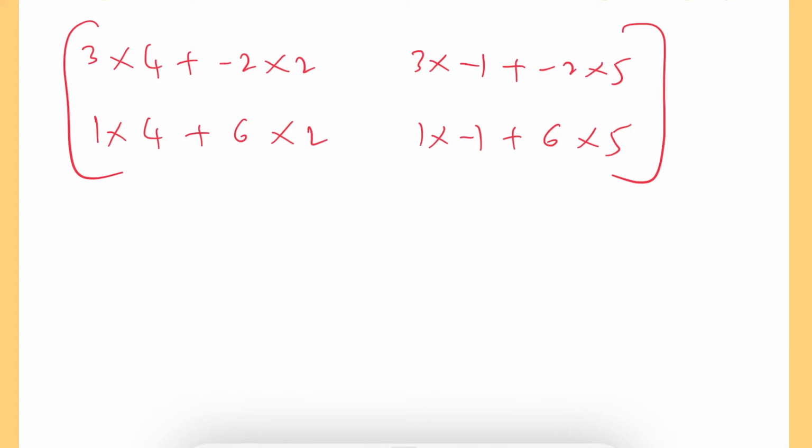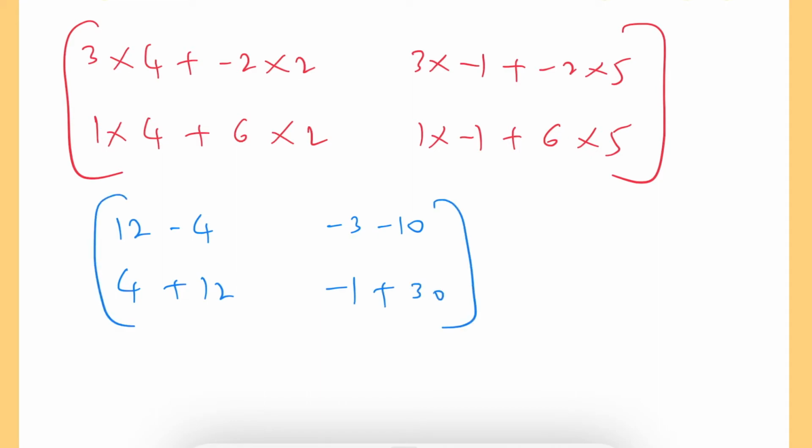If we simplify, we will get 3 4s are 12, minus 2 2s are 4. 3 into minus 1 minus 3, minus 2 into 5 minus 10. 1 4s are 4 plus 6 2s are 12. 1 into minus 1 minus 1 plus 6 5s are 30. Okay, if we simplify this finally, 12 minus 4 8, minus 3 minus 10 minus 13, 4 plus 12 16, minus 1 plus 30 29.